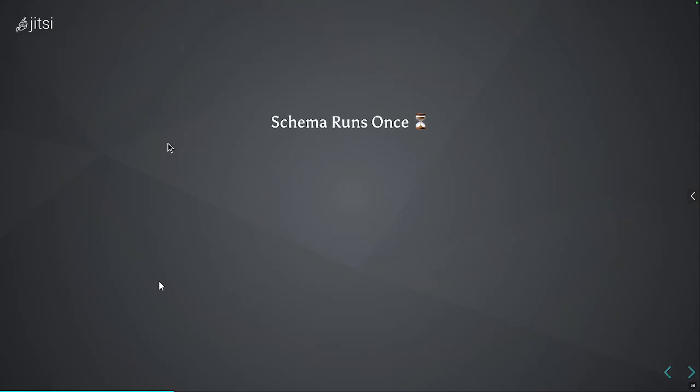Since it runs only once, this is static. However, the validation logic needs to run every time a field value changes. So the validation must be dynamic. So we'll have static from one side and dynamic from the other side. And this is where the context plays a very good role here. It's the glue that binds the static with the dynamic part.